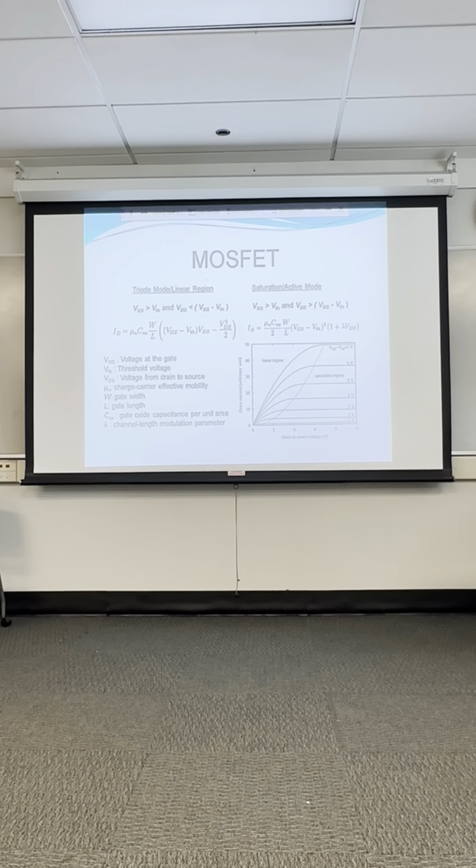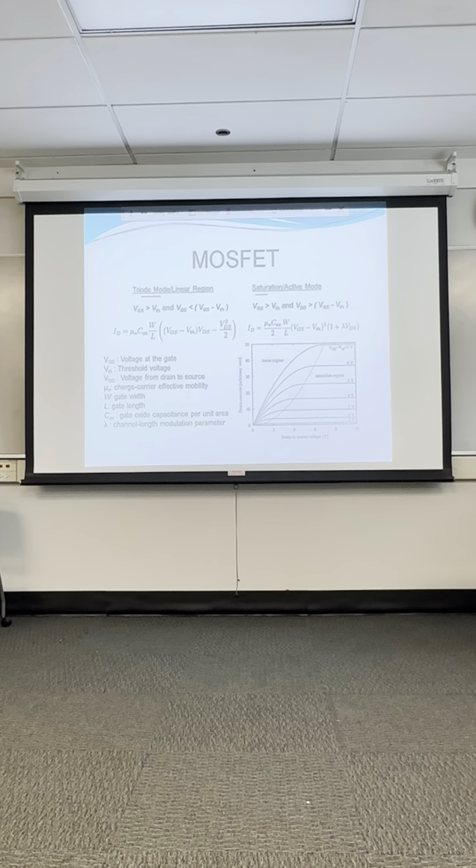Now your equations for the MOSFET. MOSFETs can operate in a triode or linear region, and they can also operate in a saturation or active mode. And what's the third mode for a MOSFET? Off mode. It's an off mode, so we don't need to have a plot for the off mode here.